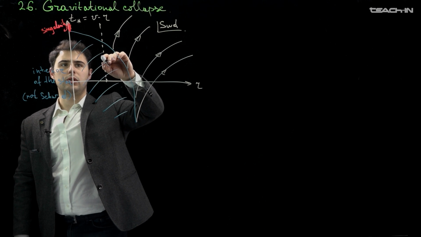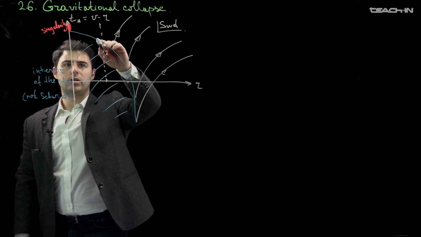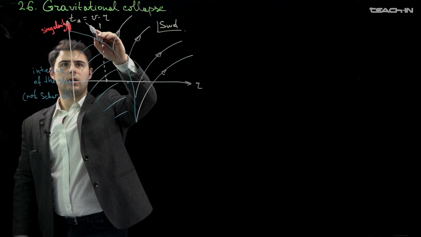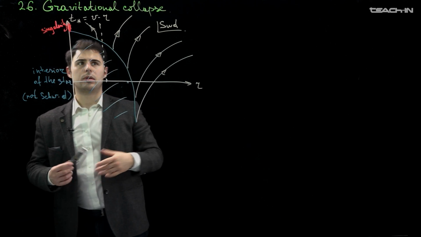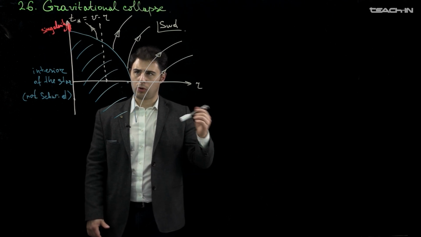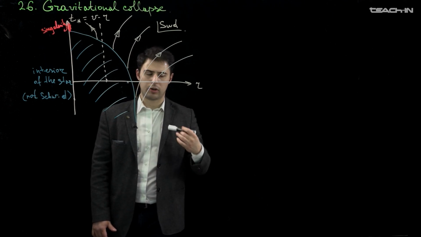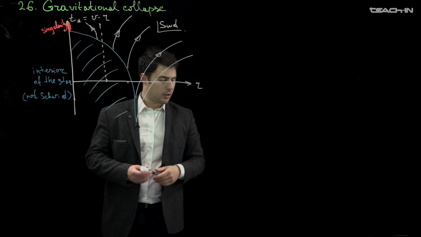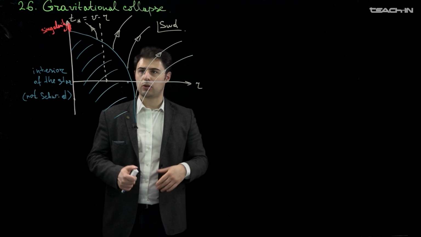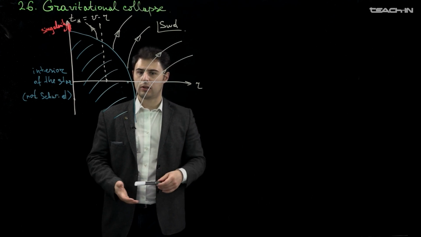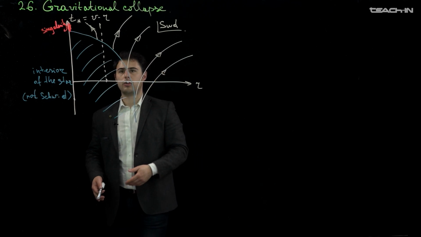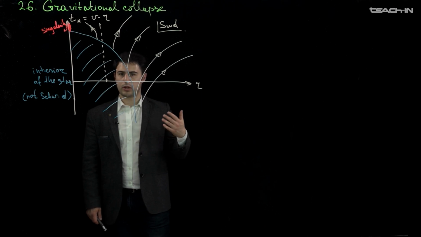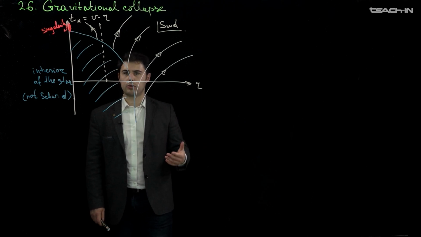But in the vicinity, behind the horizon, as we have shown, they should fall onto the forming singularity. So this behavior is again the one that we expect from black holes, so that we cannot possibly send a signal from the interior region to the outside.